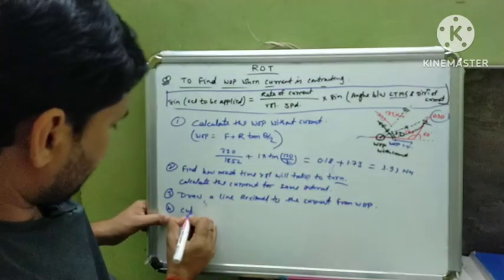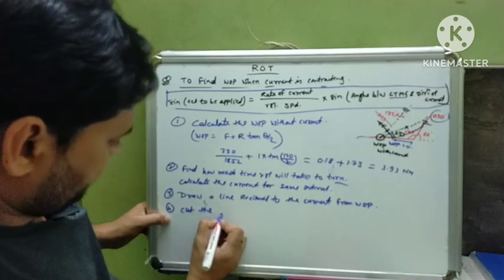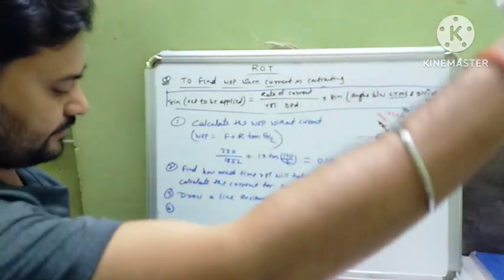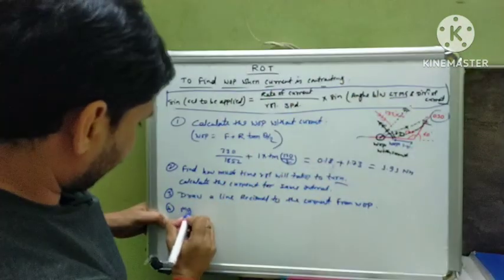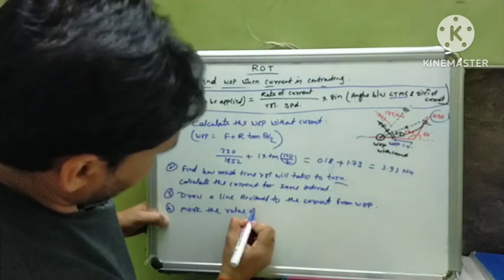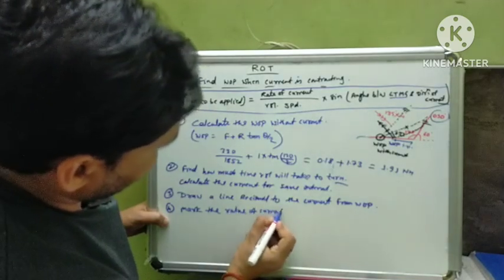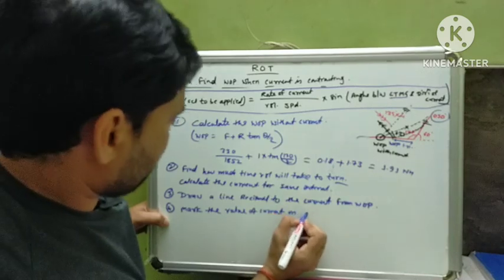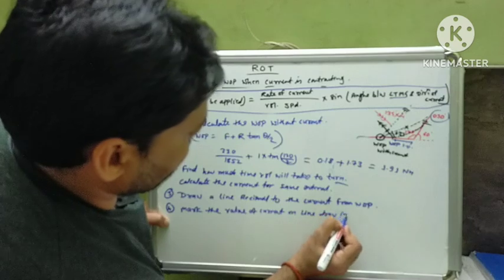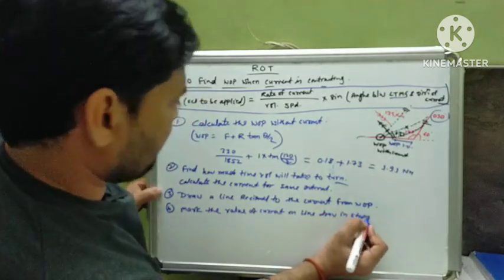Then mark, just write mark, the value of current on the line drawn in step 3.